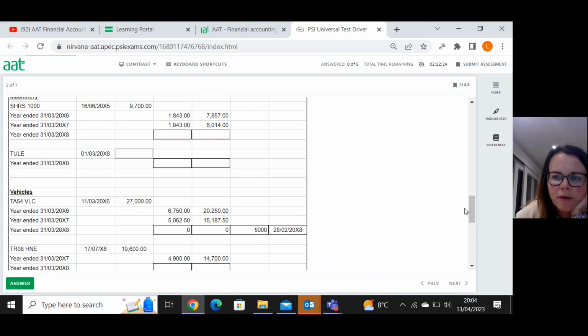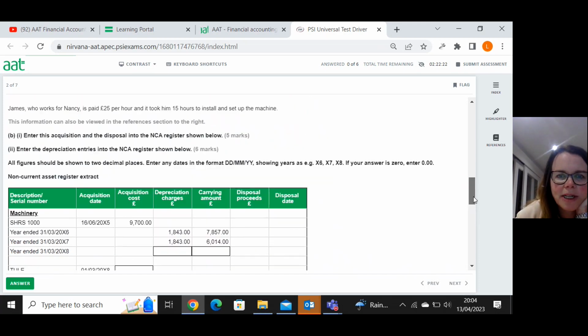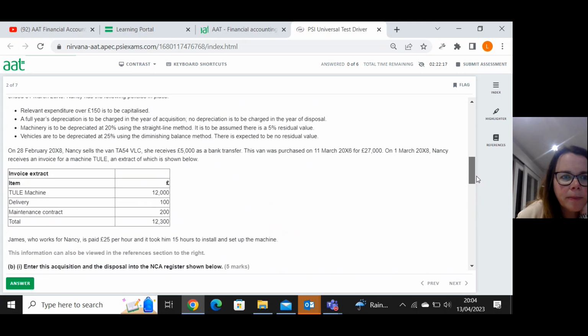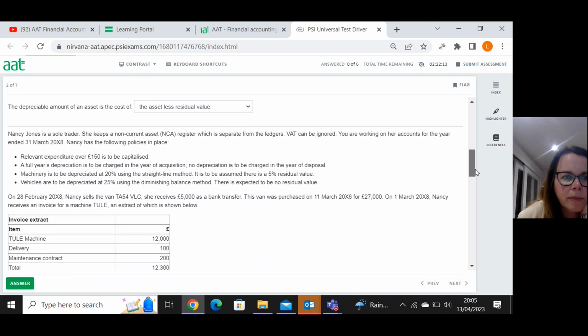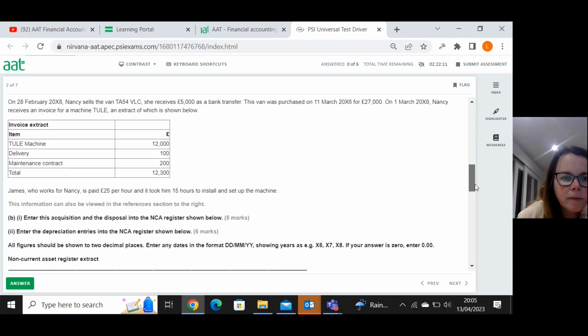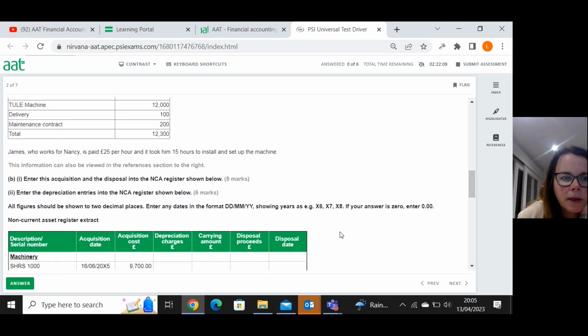Now I'm just going to check if it gives me any instruction in the question about decimal points. Oh, here we are, look. All figures should be shown to 2 decimal places. Enter any date in the format date/month/year.